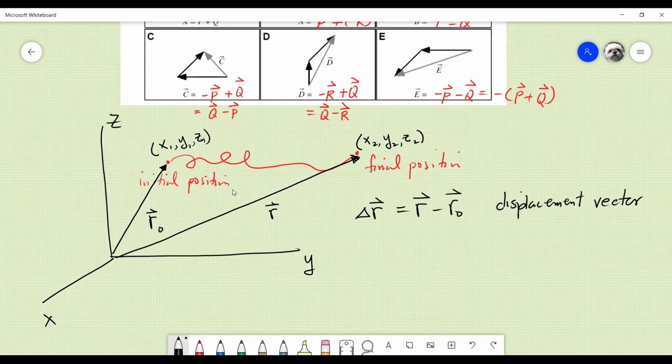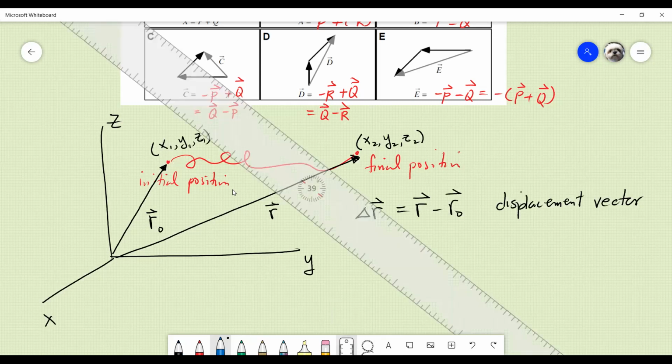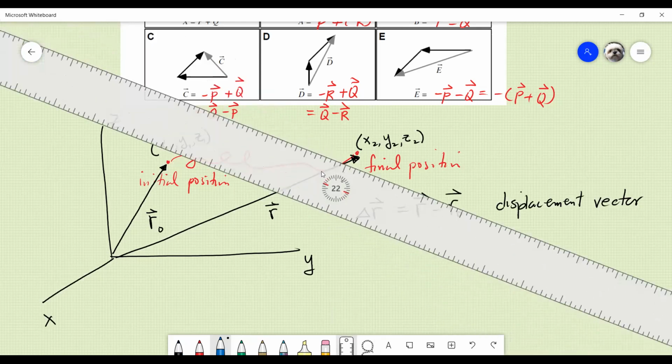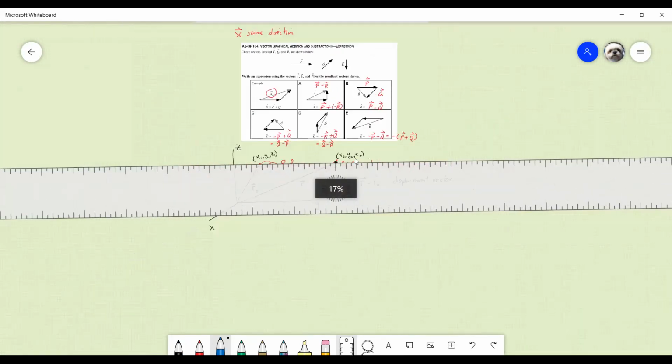Now, how do you represent the displacement vector? We will represent it by the tip-to-tail method. So you're going to draw a vector starting from the initial point. Okay, let me use my ruler.